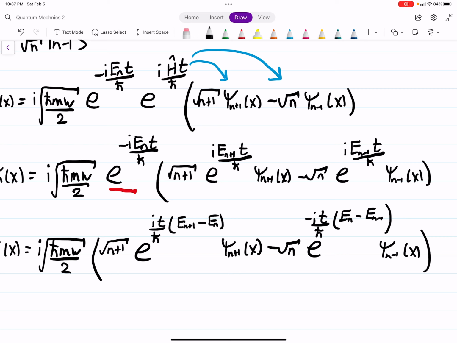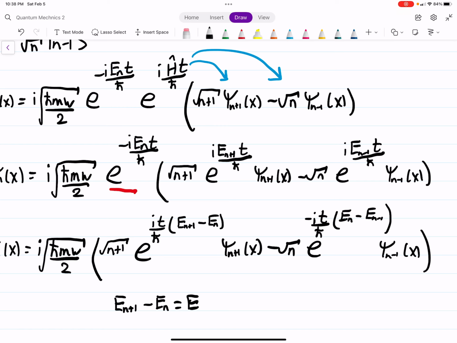So e sub n plus 1 minus e sub n is just e, right? If we're subtracting n levels from that, you're only going to be left with just e, the first one. So hopefully that makes sense.